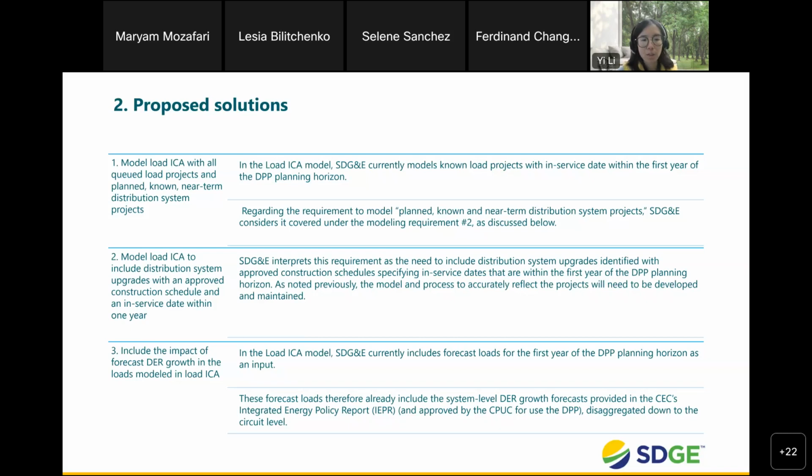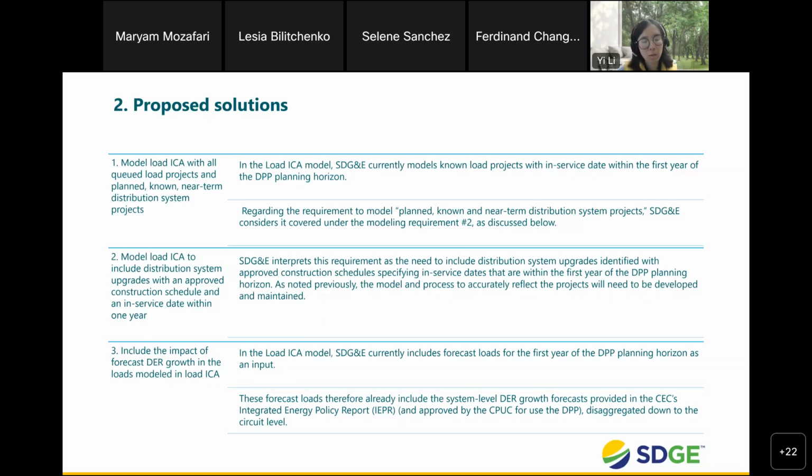For the number 3 modeling enhancement request, include the impact of forecast DER growth in the loads modeled in Load ICA. Currently, for our Load ICA models, SDG&E already includes the forecast load for the first year of the DPP planning horizon. I know there was some question earlier about what we use for the forecast load and forecast DER growth.